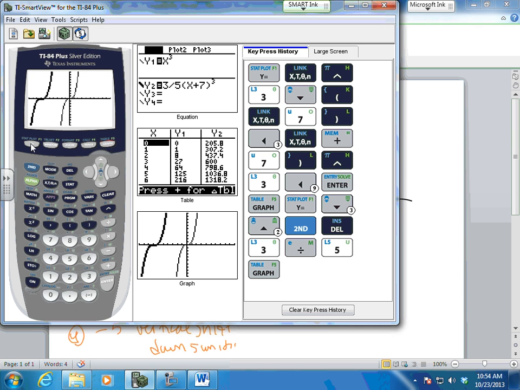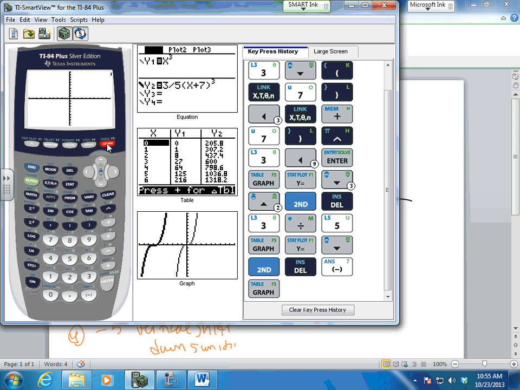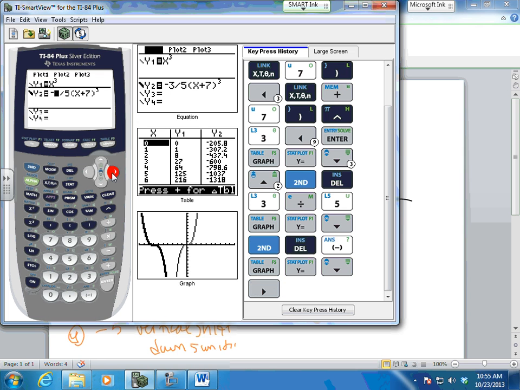Now let's go put the negative in it. Come down here and add a negative in here. Insert a negative. Now it should take that and flip that over the x-axis. There it is. And there it comes. See it? Over the x-axis. And now the last thing you want to do is turn around and subtract the 5 from this one.